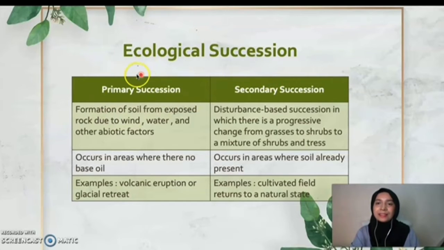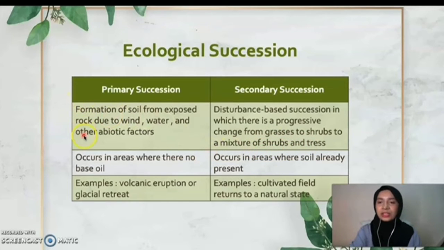What is primary succession? Primary succession is the formation of soils from exposed rock due to wind, water and other abiotic factors. Secondary succession is disturbance-based succession in which there is a progressive change from grasses to shrubs to a mixture of shrubs and trees.